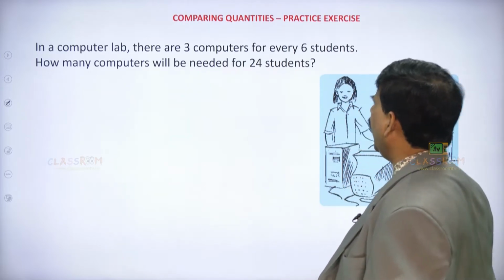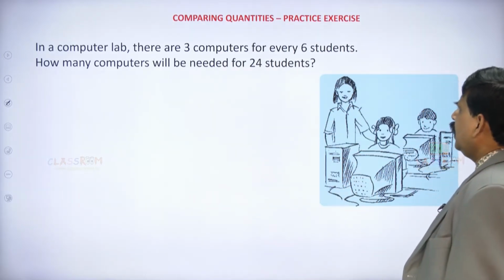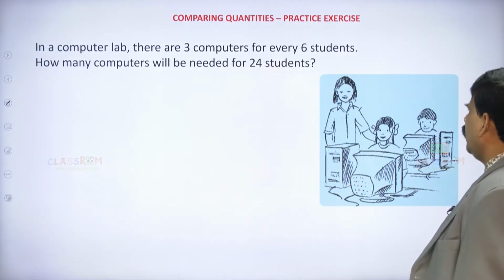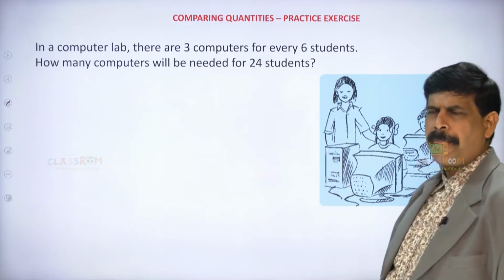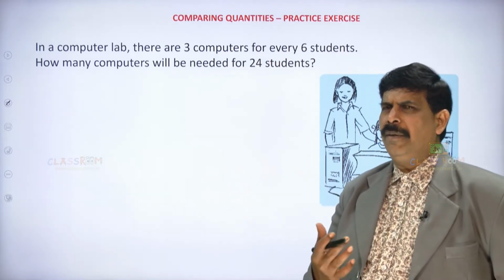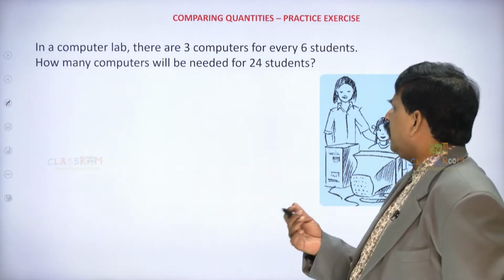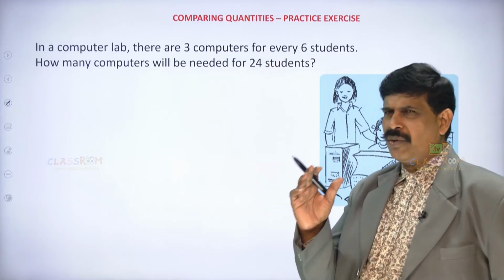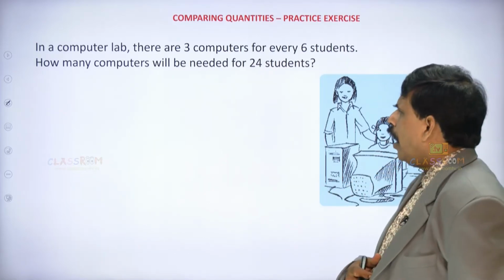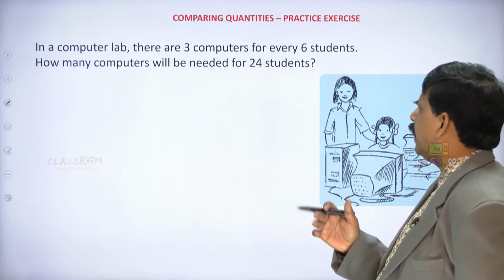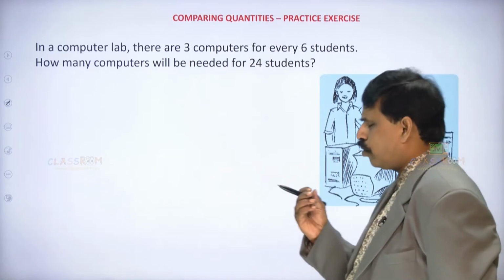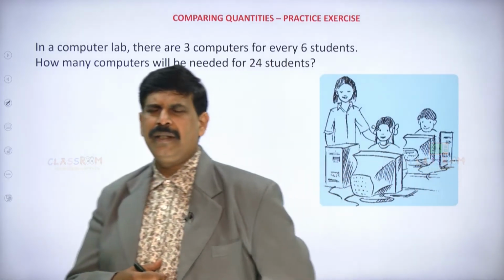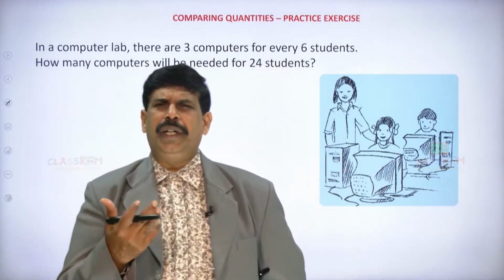In a computer lab, there are 3 computers for every 6 students. How many computers will be needed for 24 students? That is the question. So we'll use this unitary method.